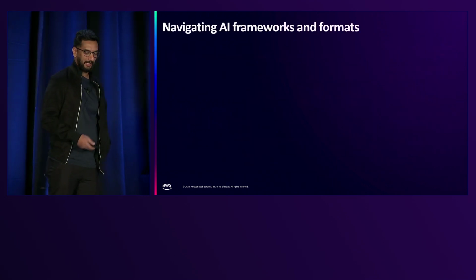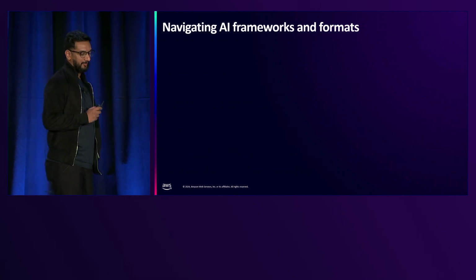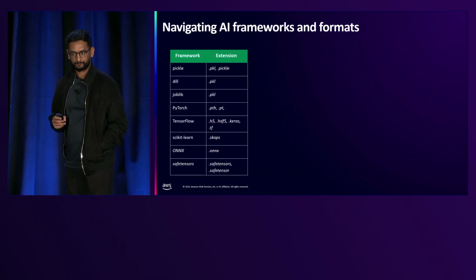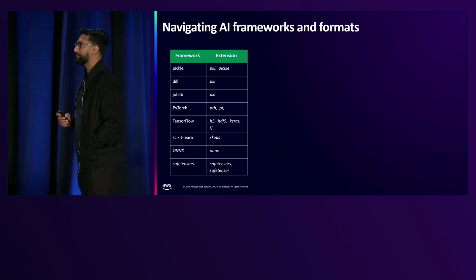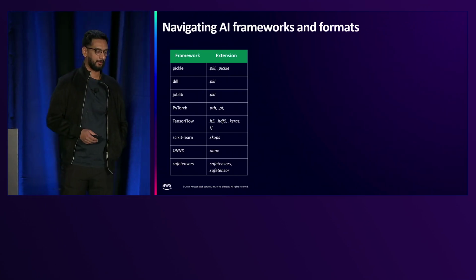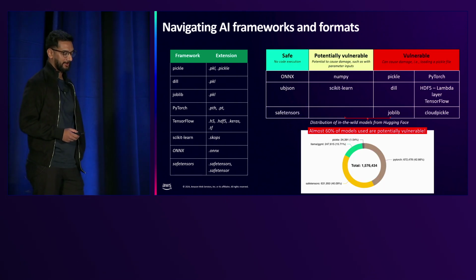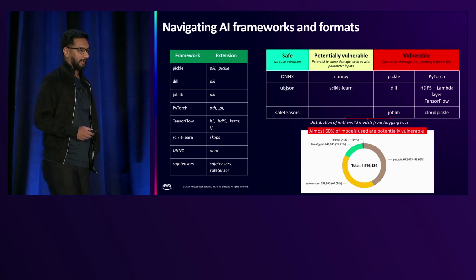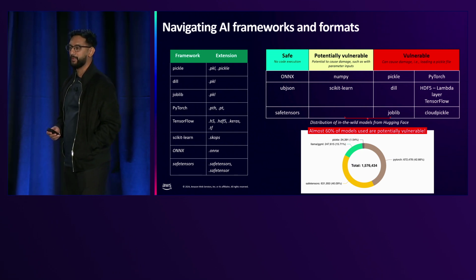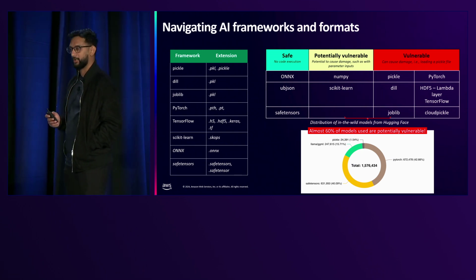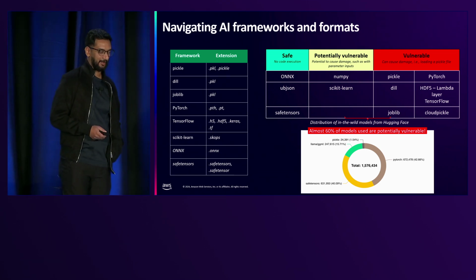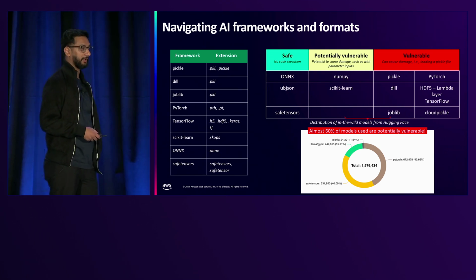Now, the interesting part is we took a look at all of the frameworks and formats available today. There are many, probably like 6 or 7 that are used to build these models. Taking a look at Hugging Face, when looking at over 1.5 million large language models, over 60% of these models were vulnerable.